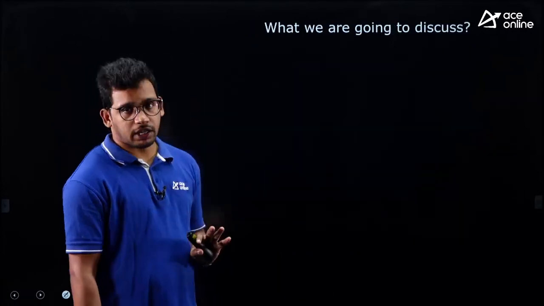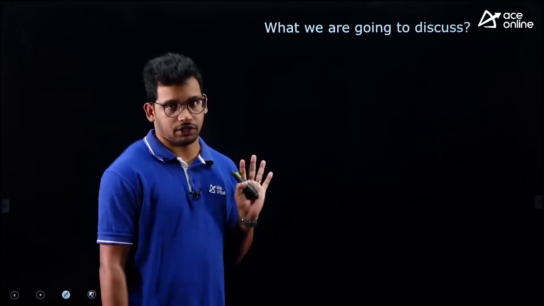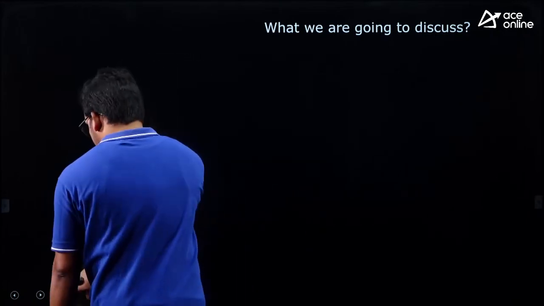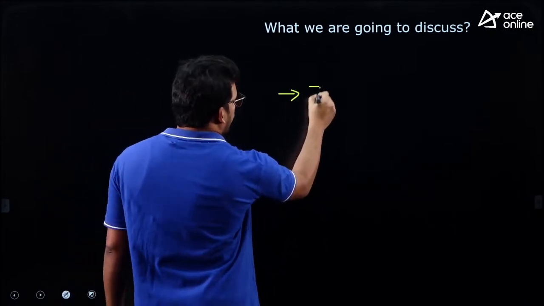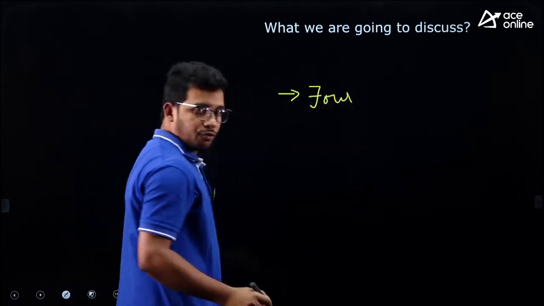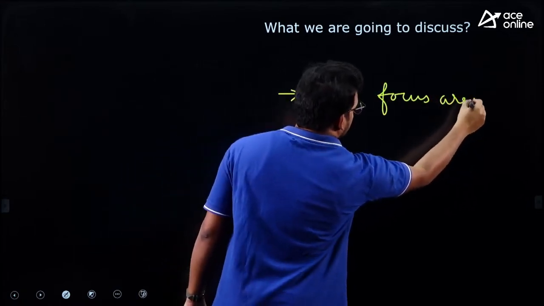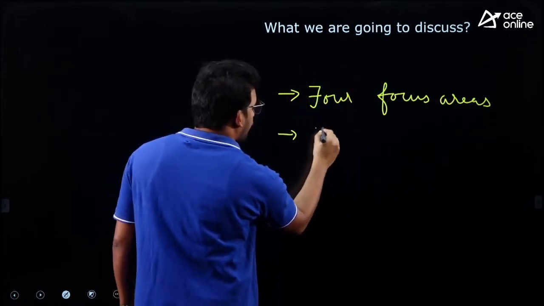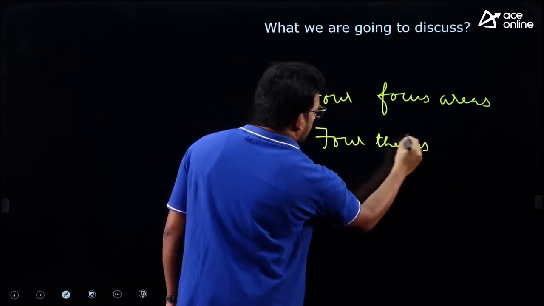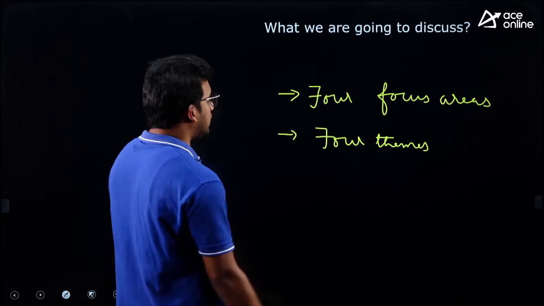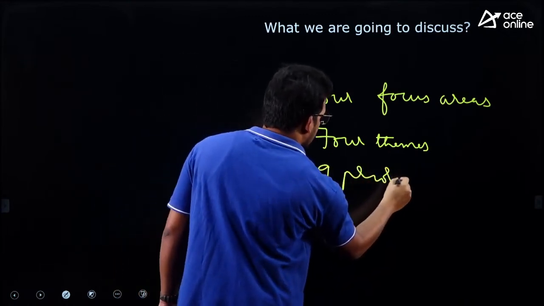Before going further, I want to tell you what we are going to discuss in this whole session, so that you are clear. First we will see the 4 focus areas, then the 4 themes the government has set, and then, in great detail, the 9 priority areas.